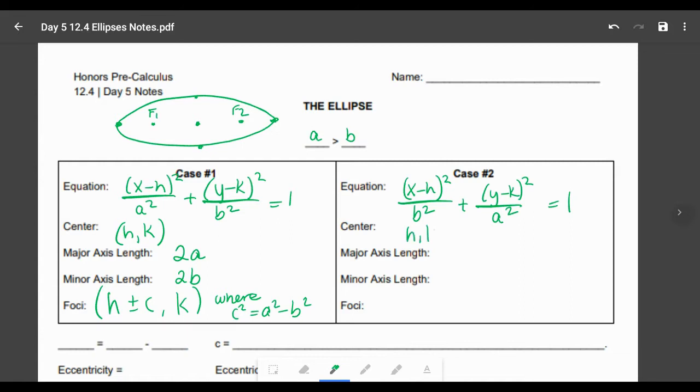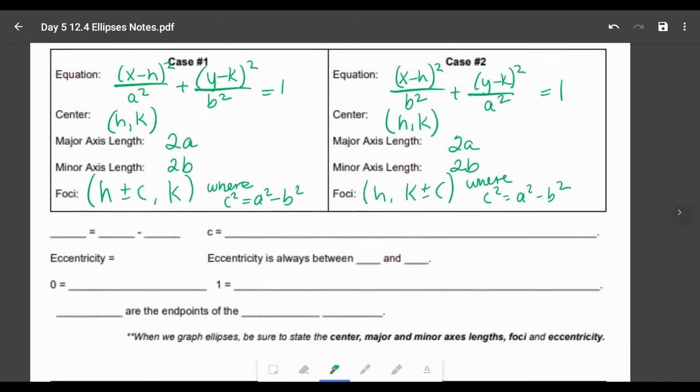The center is still going to be h, k. The major axis will still be twice the length of a, and the minor axis will be twice the length of b. And the foci will be at h comma k plus or minus c. And again, c squared equals a squared minus b squared.